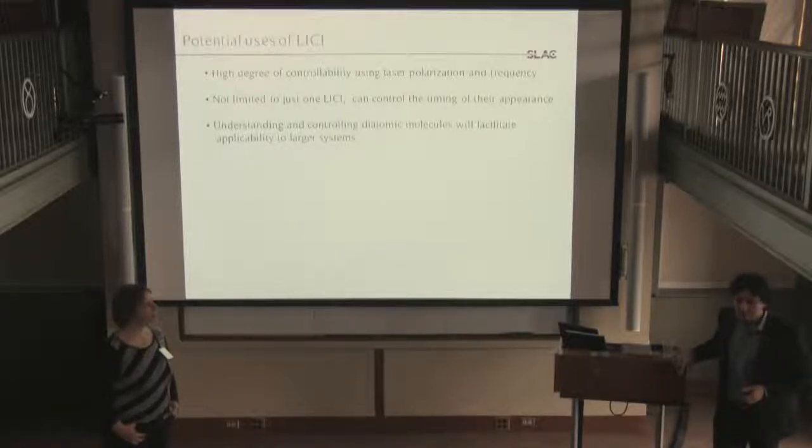But it really holds potential to, for instance, understand how coherence evolves around that, in the sense that I can start and shut off this type of light-induced conical intersection next to a regular conical intersection and see how I get different spectra from that.